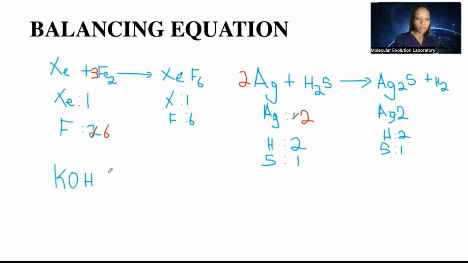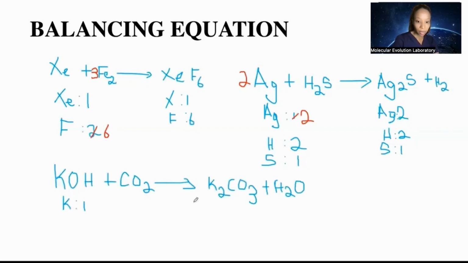Here we have potassium hydroxide plus carbon dioxide. That gives you potassium carbonate, K2CO3, plus H2O. On this side, we have 1 potassium, 2 on this side.